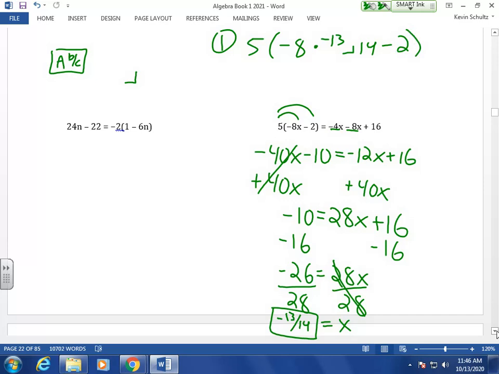Your other option, if you want to go this route, is to put 13/14 in parentheses with your division symbol. But it becomes kind of a parentheses nightmare there. There's a lot going on.